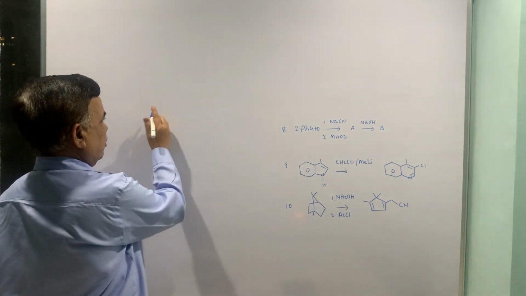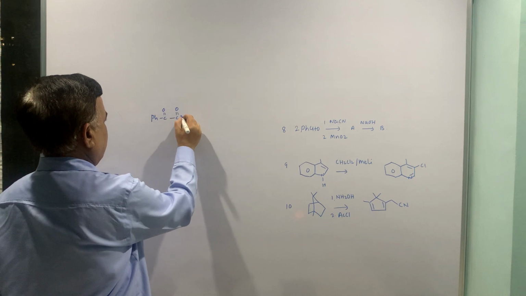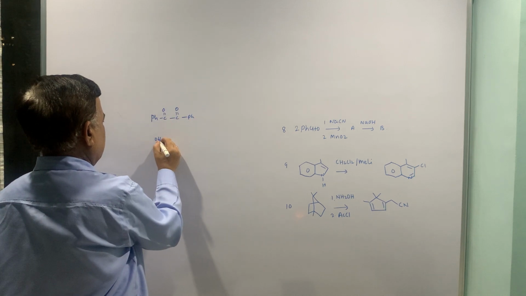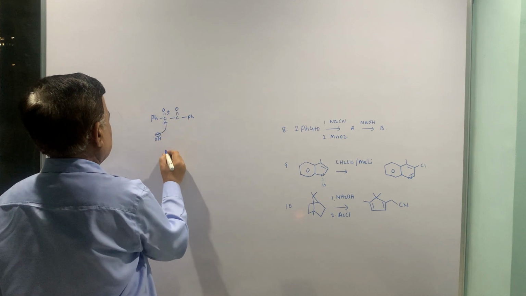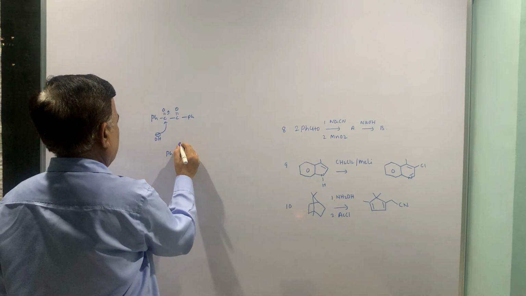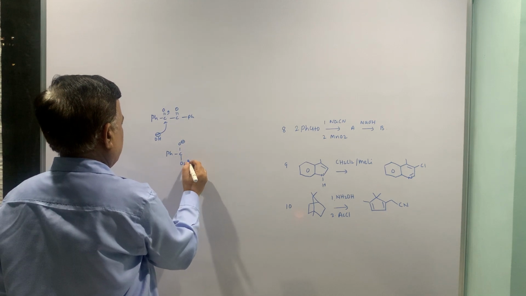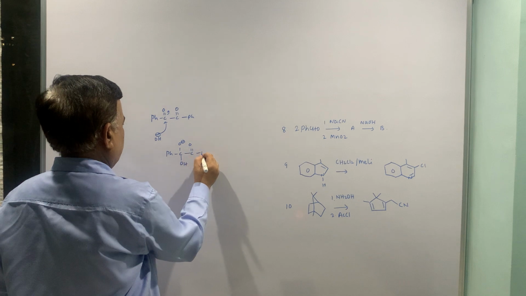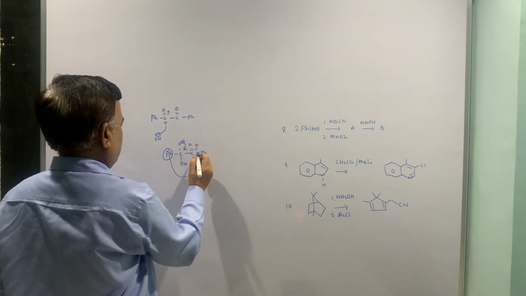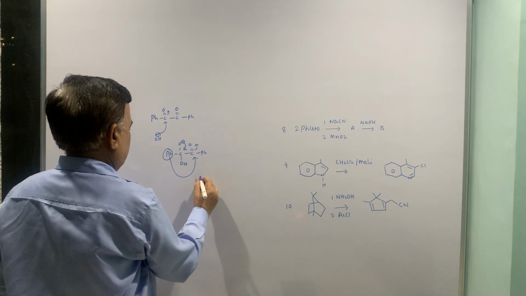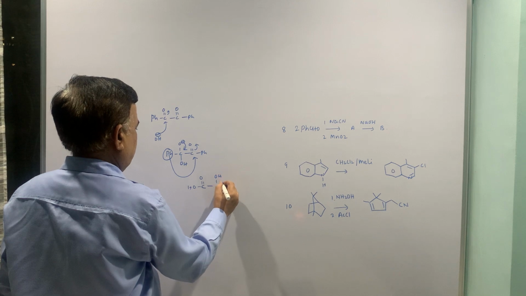So I'll just put it this way. OH minus can attack at any carbon because they are all equivalent. Let me put OH, C double bond O, H comes here, and this goes here, goes here. So it will be COH COH.